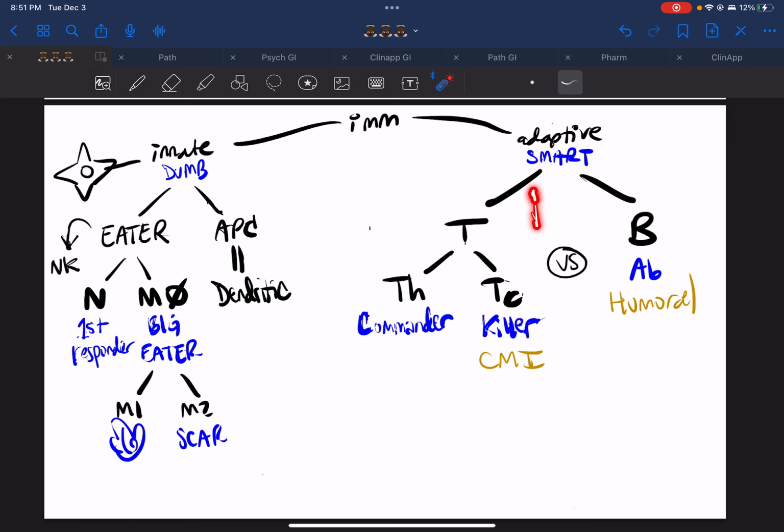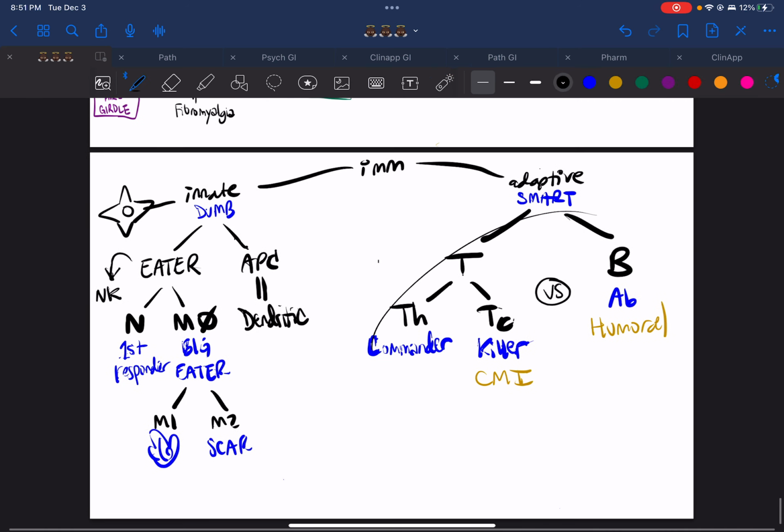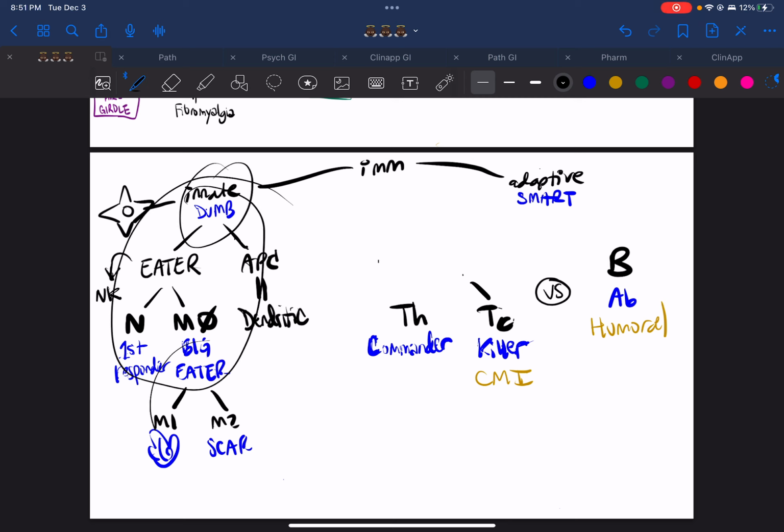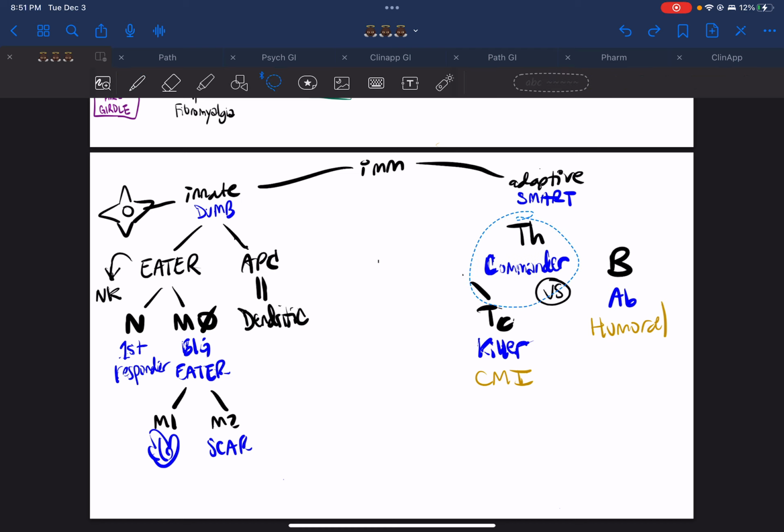He's above these guys. So if I draw how it actually works, right, this is just categorization, but if I draw how it actually works, the way it goes is the commander, a germ gets presented to the commander. So these little dumb guys bring a piece of the germ, which is called an antigen. They cut it off the germ that they ate or killed or whatever, and then they bring it to the commander and present it to him, just like you're presenting something to a king on his throne.